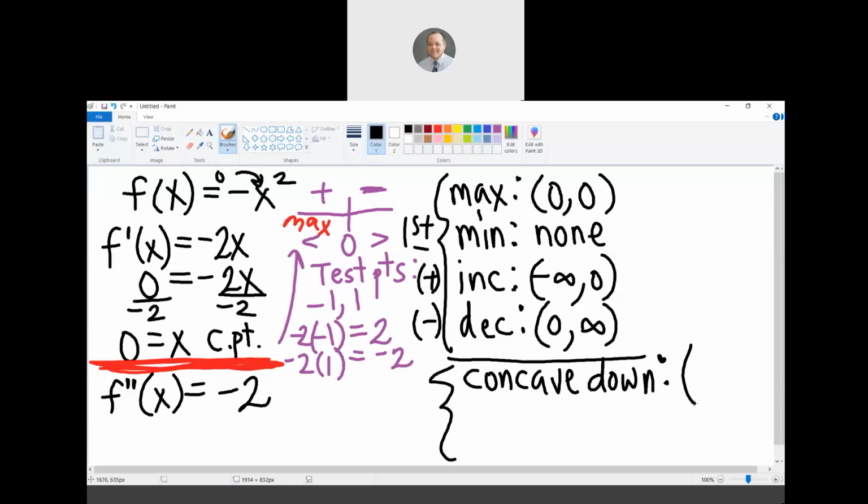Now, if it's always concave down, then that's all real numbers, or the interval from -infinity to positive infinity. So that means, logically, if our graph is always concave down, then it's never concave up.